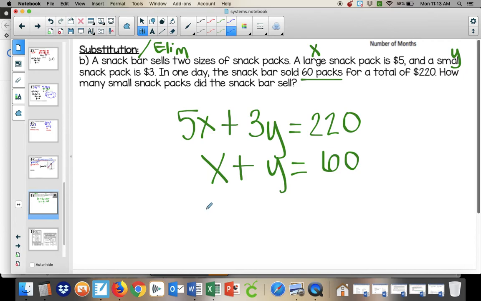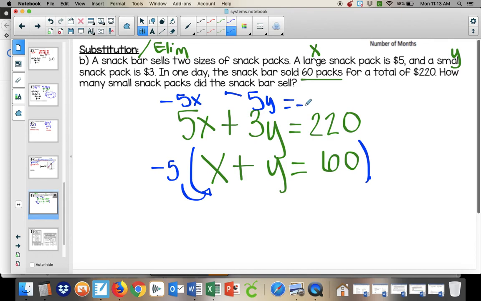All right, I'm actually going to use elimination. So I'm going to make my x's opposite. I'm going to multiply by -5. So this gives me -5x, take away 5y, equals -300. So my x's eliminate.